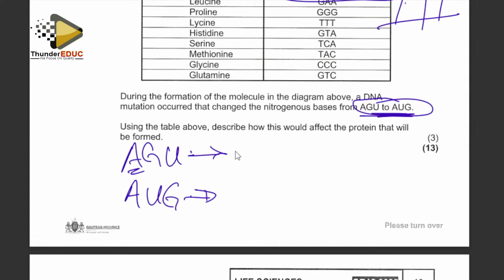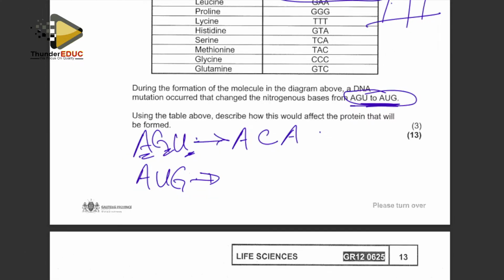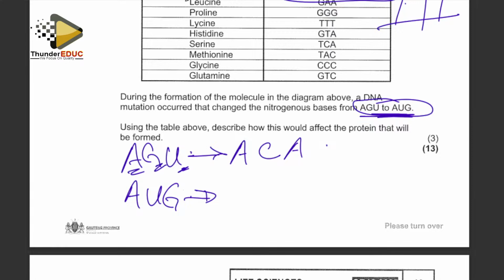So A goes with T, G goes with C, and U goes with A. All right, meaning that I'm going to look for TCA.